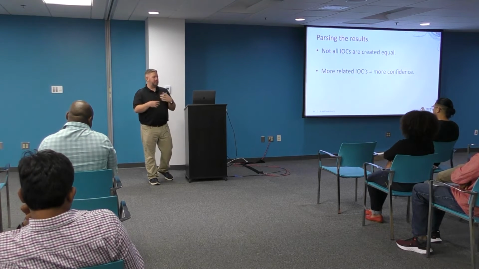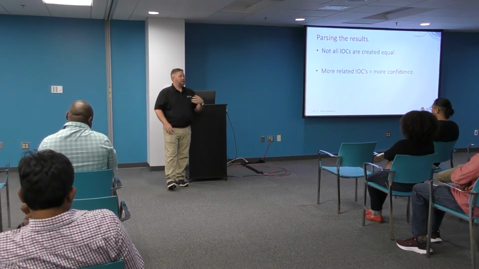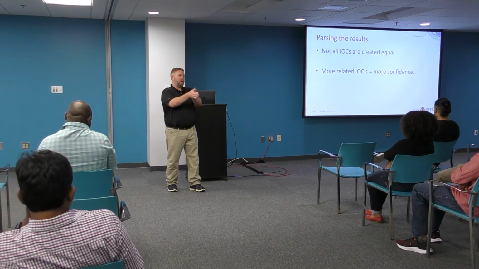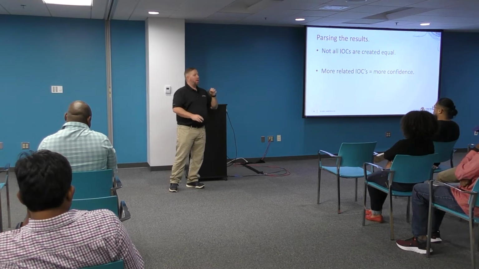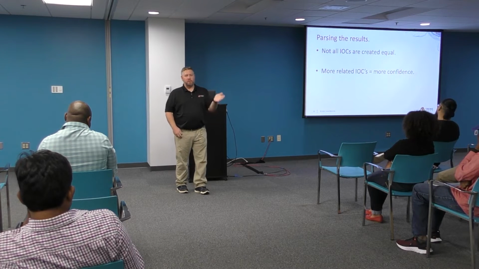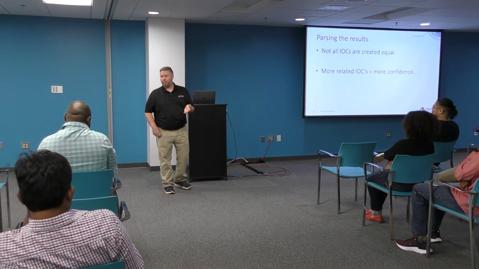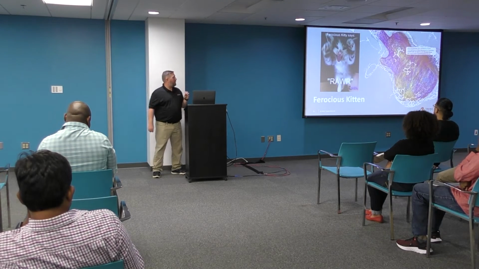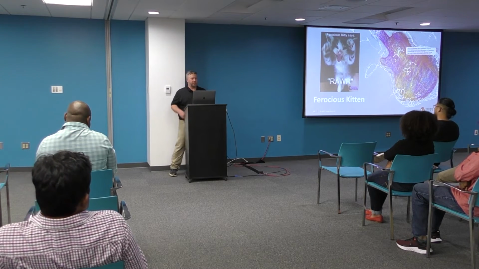In this case, it's basically the same premise. The more pieces of data that you can find that point to that particular group, vulnerability, whatever it may be, the more confidence you're going to have in your answer when going back and saying, yes, we do have a problem, or no, we don't. Now we're going to walk through the Ferocious Kitten.